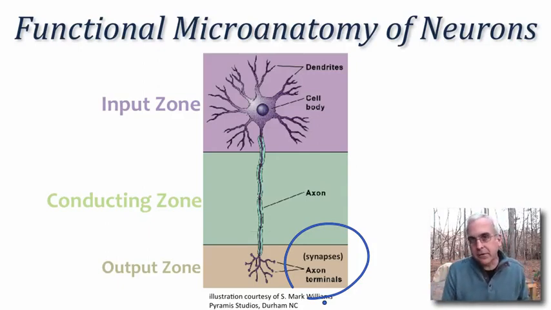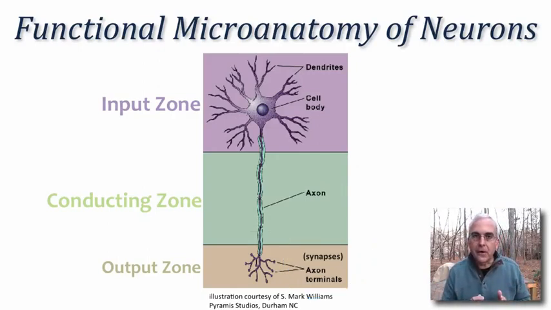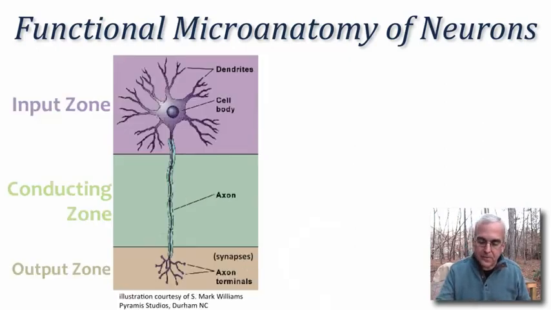Now what I'd like for us to do is to consider how this brief survey of the microanatomy of a single neuron can be compounded many tens of thousands of times in the structure of neural tissue. Now imagine tens of thousands of neurons arranged in parallel, very much like the one we're looking at here.